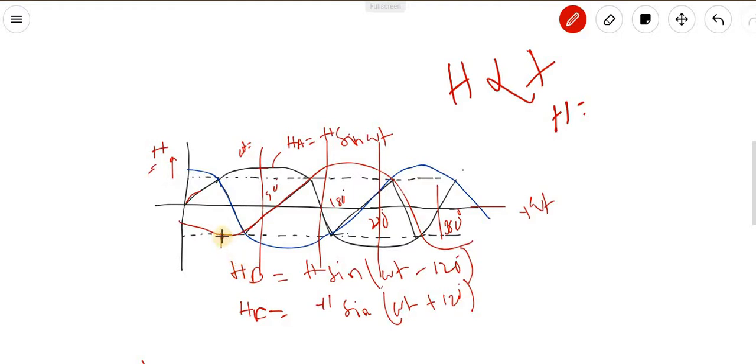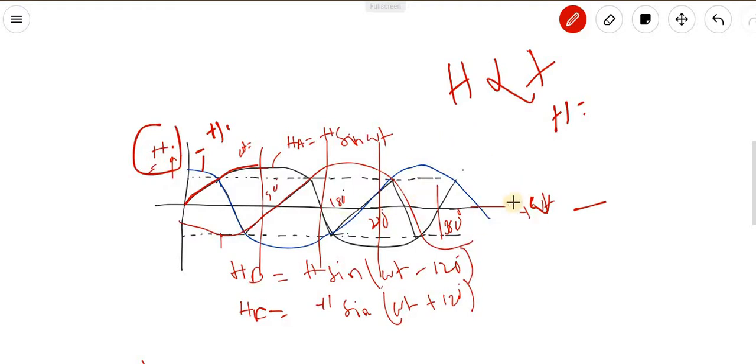Here is this one red color one B, and this one H_A, and this one H_C. So as we know that this one is completing one cycle. If we take this omega t in this reference, and this is H.